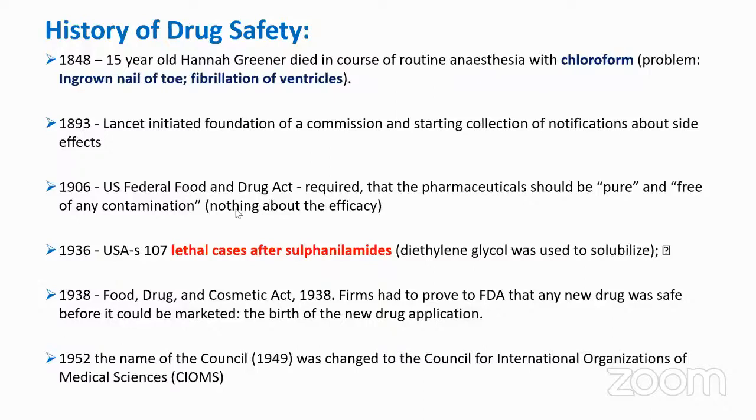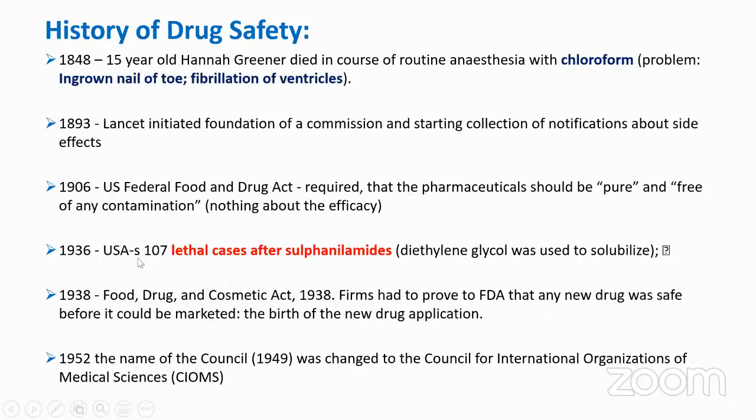It should not have any adulterants. That means it should be pure, with no foreign particles and no particles that cause harm to patients. That was the only thing this Act stated. After that it was implemented strictly.